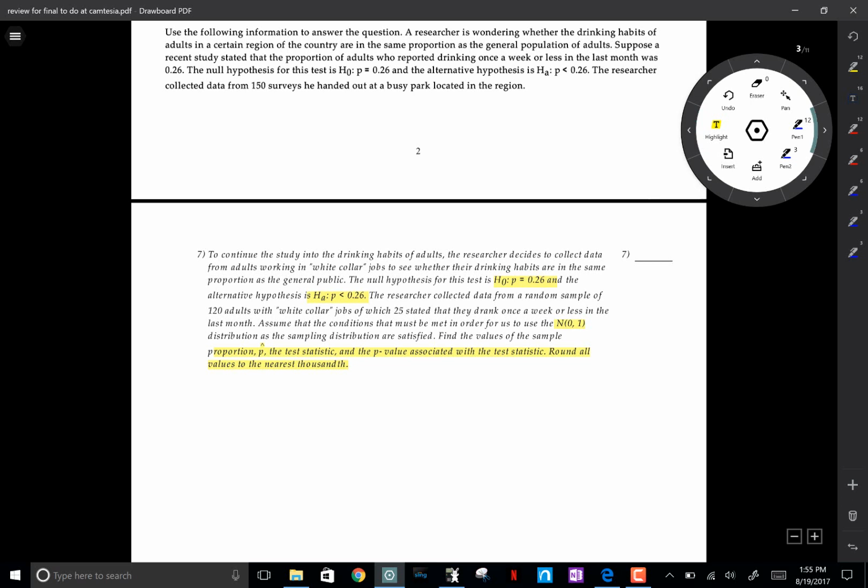So the first thing we want to get is p-hat. p-hat is just x over n. Remember, n is the sample: how many people did they sample?